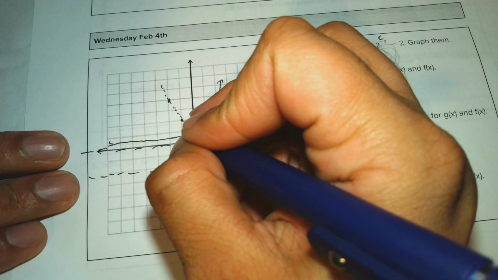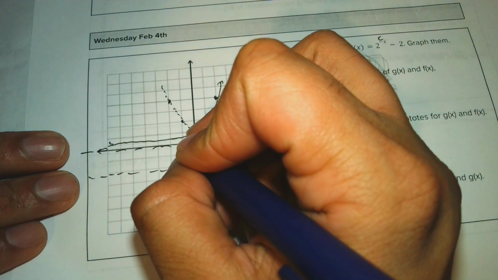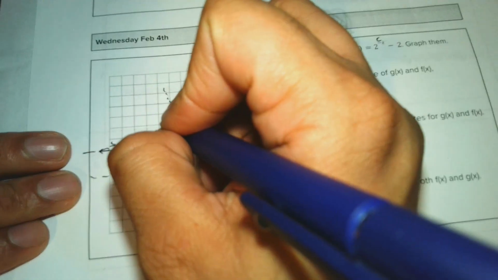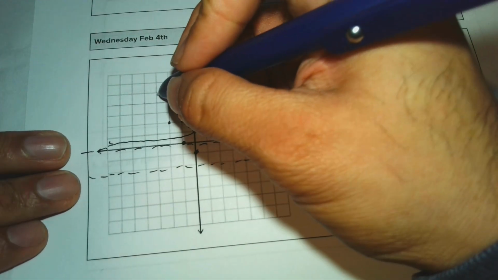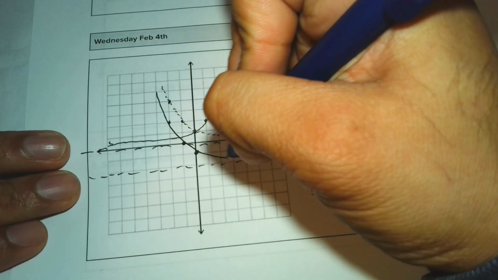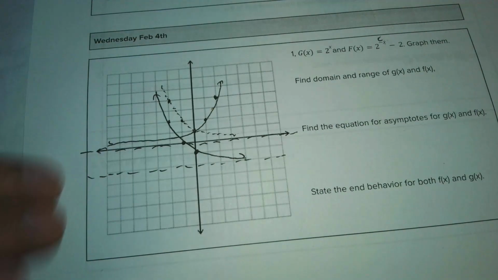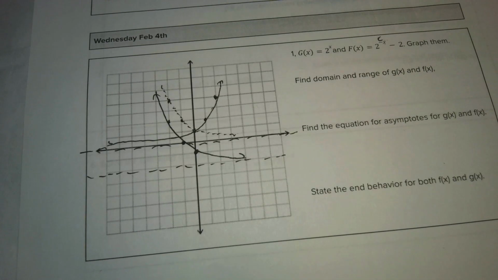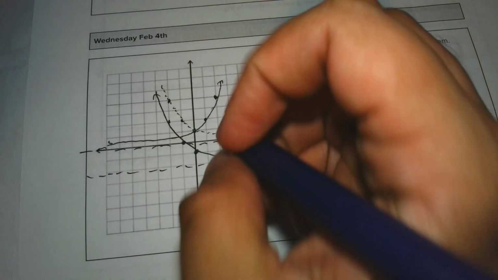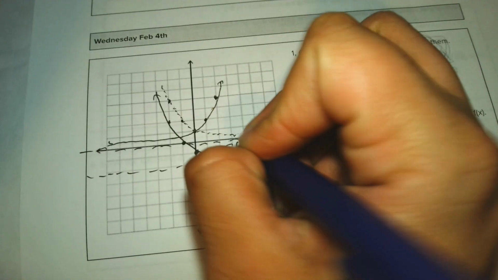All of these points shift down too. So then they look like this, so this is the graph for f of x. The one that I just drew is f of x. So I'm just going to label this f of x. This is g of x.